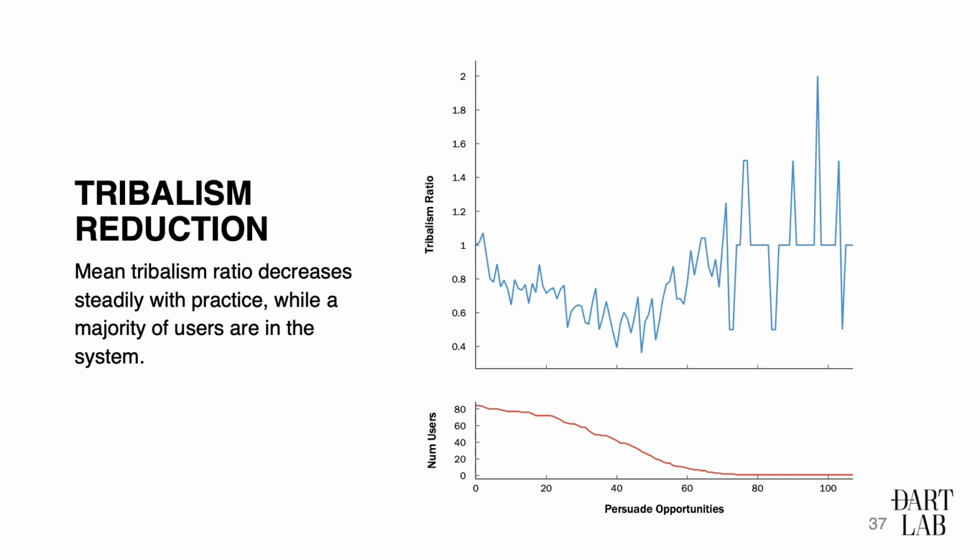And the bottom graph simply shows the number of users in the system at each opportunity. This is important to include because this lets us know that all of this erratic behavior at the tail end of the top graph is due to just a small number of students being left in the system. But what we also see is that while a majority of users are in the system, mean tribalism ratio decreases steadily with practice. And this suggests that students understand that, at least in the context of this game, how tribalism can be a barrier to discourse and some strategies that they can use to reduce it.